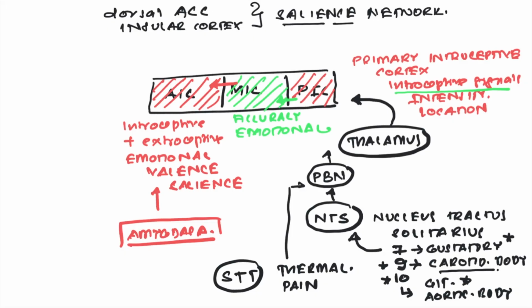So the anterior insular cortex is going to integrate the interoceptive signal and exteroceptive signal with an emotional valence as well as the emotional salience. So now we know the function of the anterior insular cortex, which is another integration center. Now let's see, where does the information travel from here?